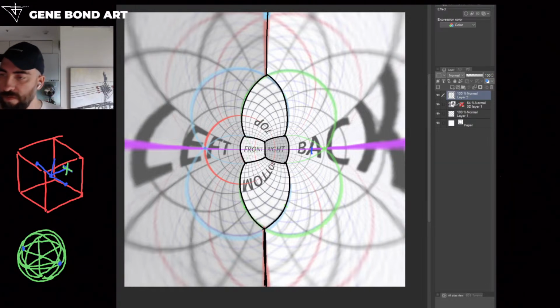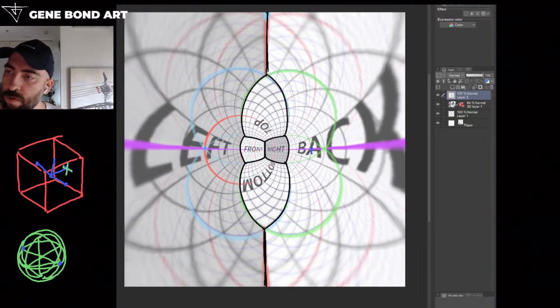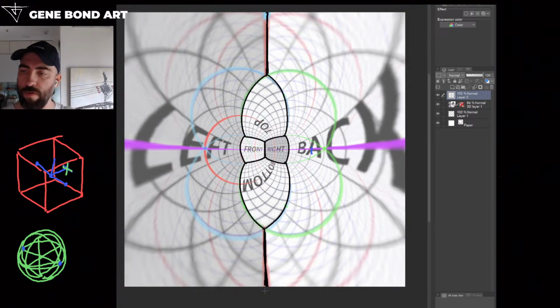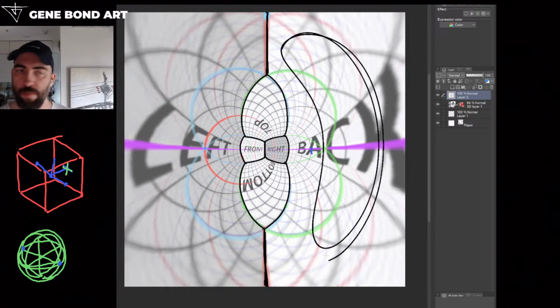So this is the front right corner of a cube, and this line on the top and line on the bottom is the rear left corner of a cube, right? So you see how this back side of a cube is distorted in this manner.